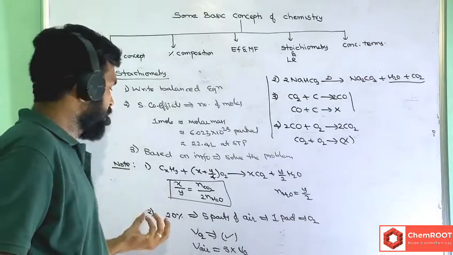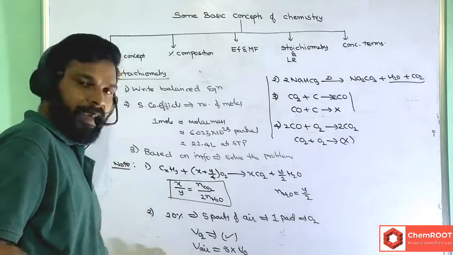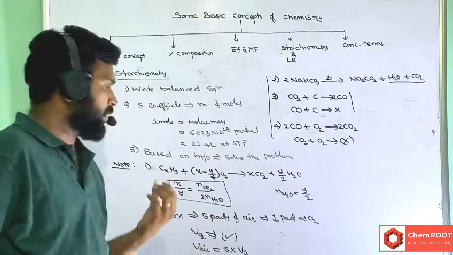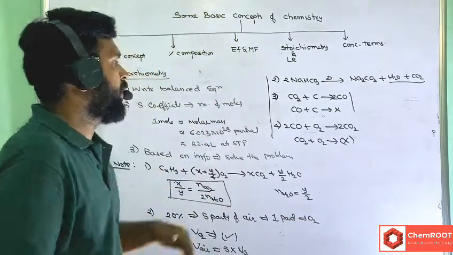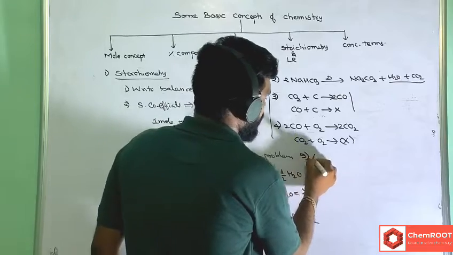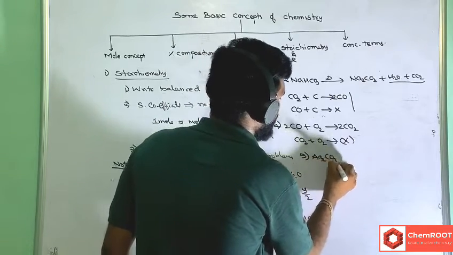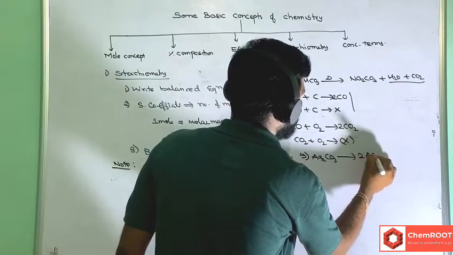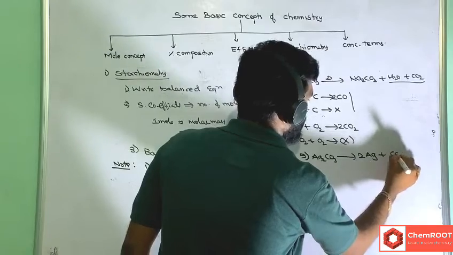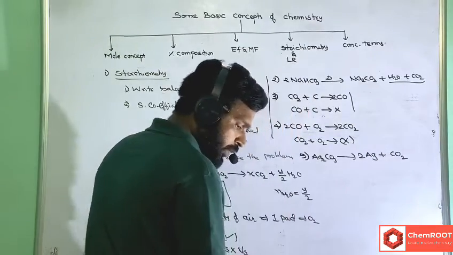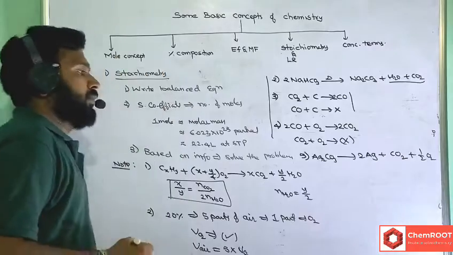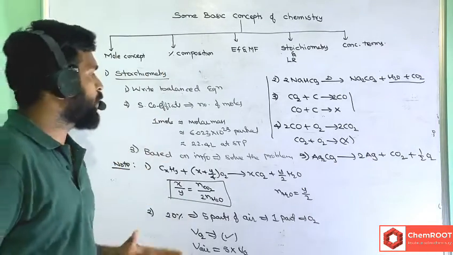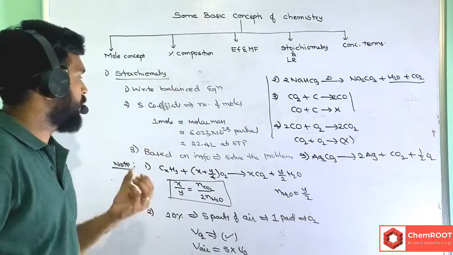Combustion is very, very important, like the volume of air and volume of oxygen; you should know that differentiation. Also sodium bicarbonate decomposition, and silver carbonate decomposition too, which gives carbon dioxide and also oxygen. So these few important reactions you have to know, and based on that they will ask questions.